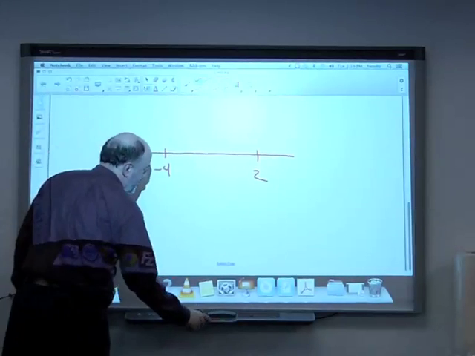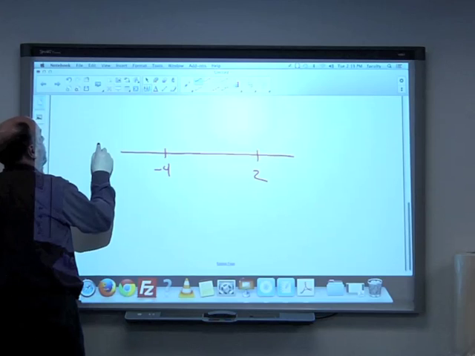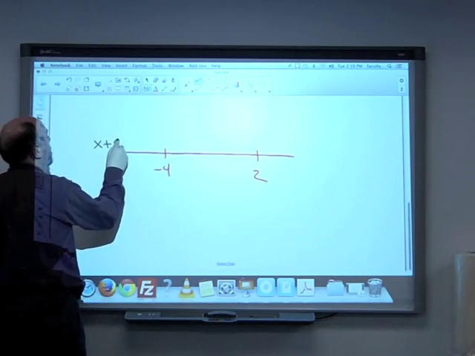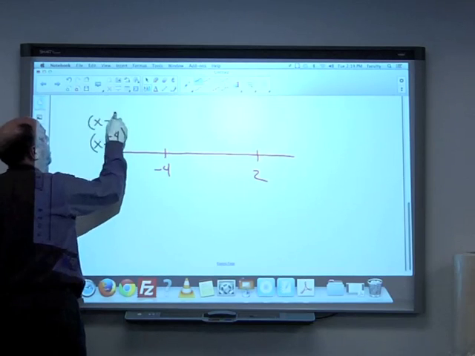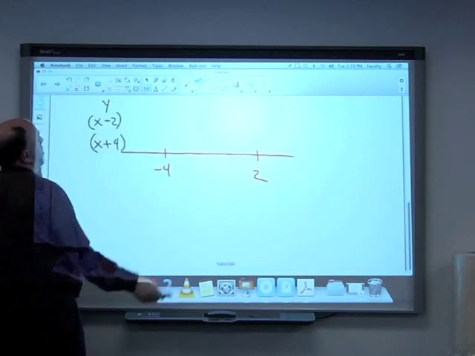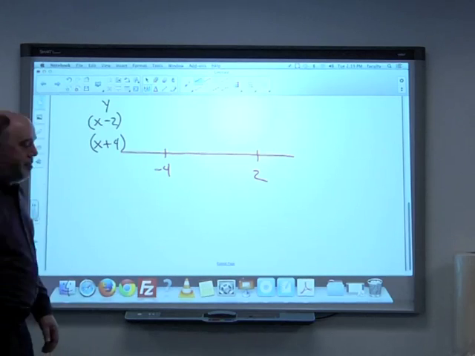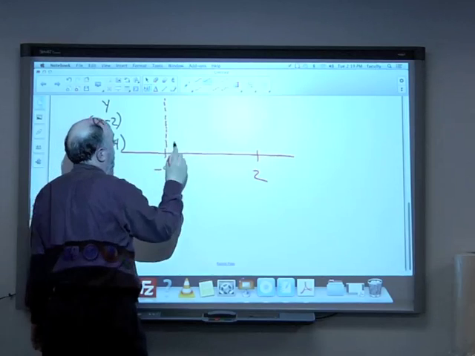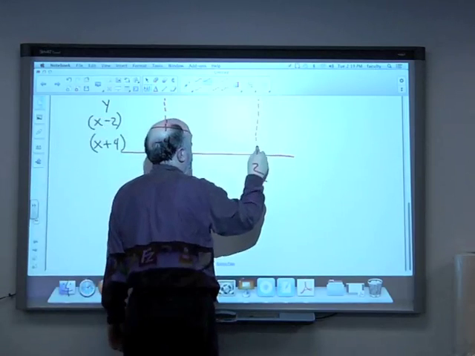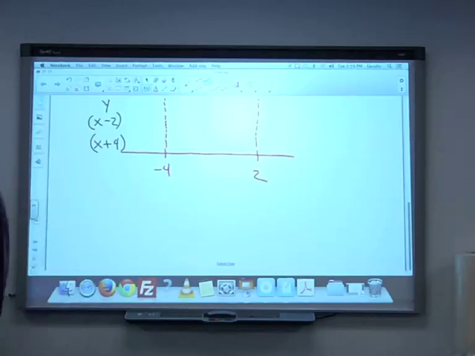My terms were x plus 4 and x minus 2. So now we're going to figure out what's happening with my graph. Is it positive or is it negative?